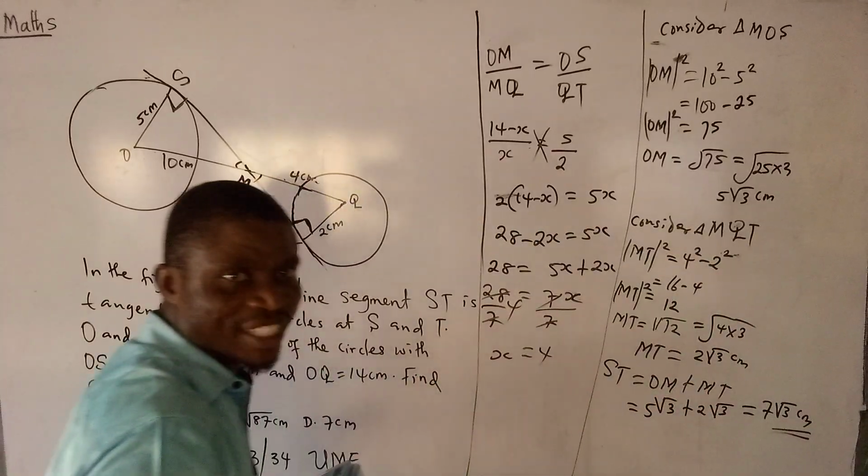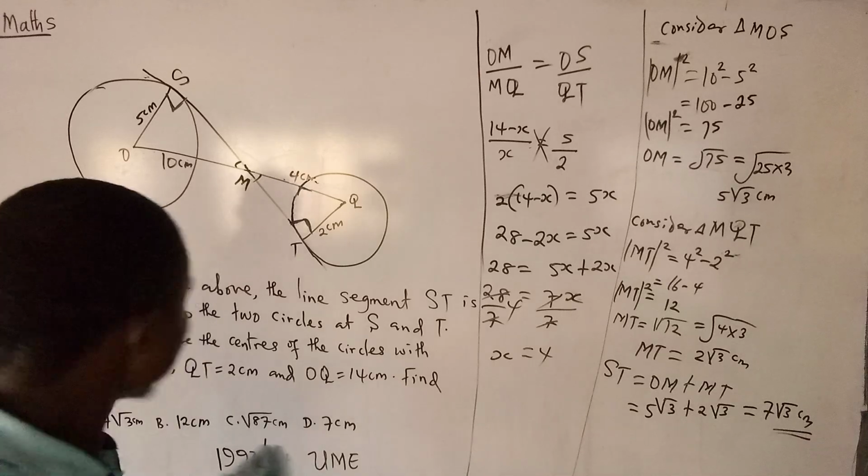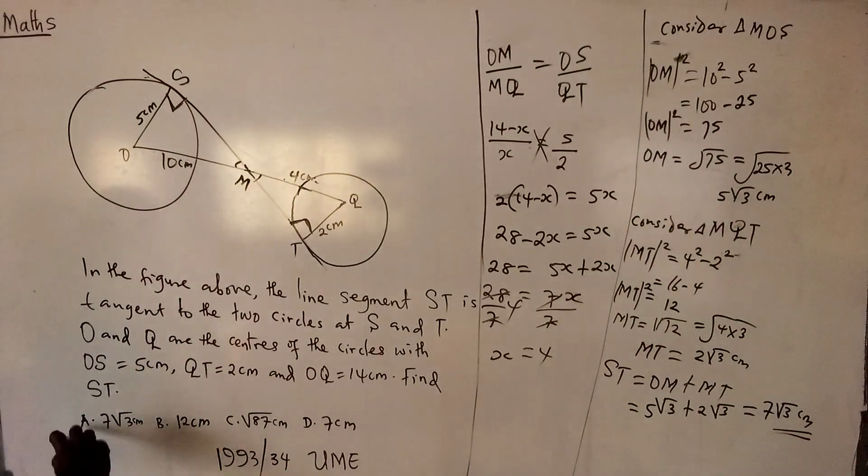So 7 root 3 cm is the required answer, and that is option A.